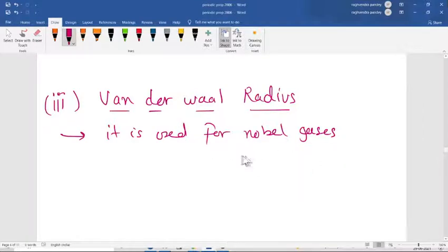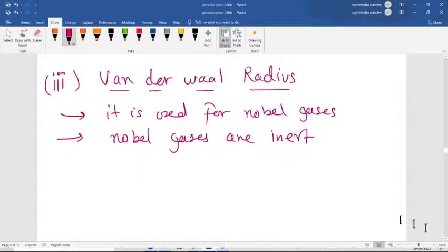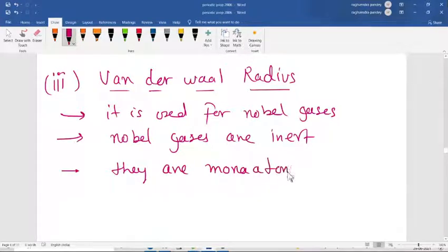You can use it for molecules also, but first we have to understand how to measure the noble gas radius. Now the problem is that noble gases are inert. They do not form any compound. So they are monoatomic.